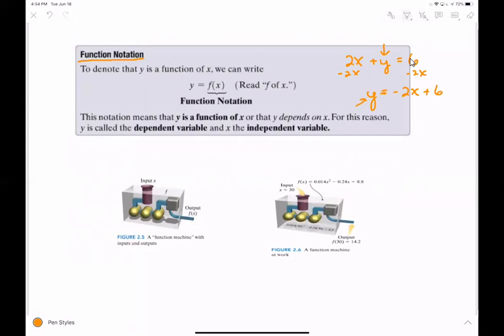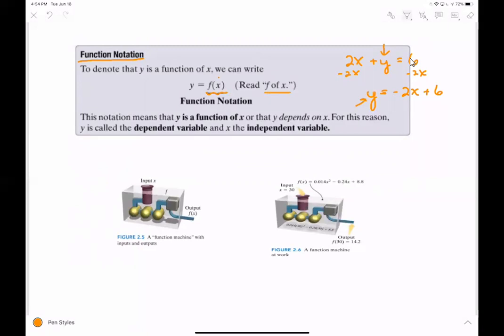All linear equations, except for vertical lines, are functions. So if we know we have an equation that's a function, instead of having y, we can use this notation, which is called function notation. This is not f times x. This is read "f of x."